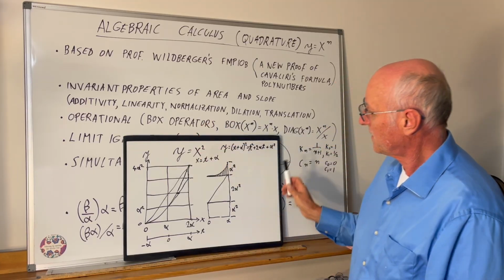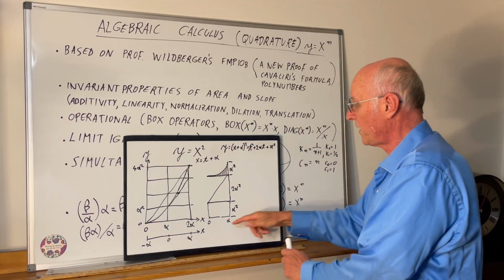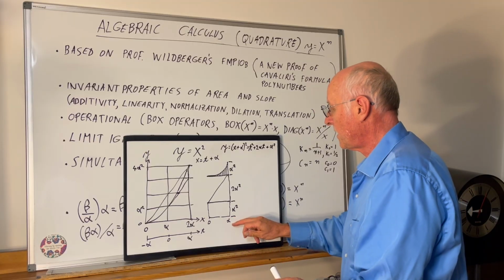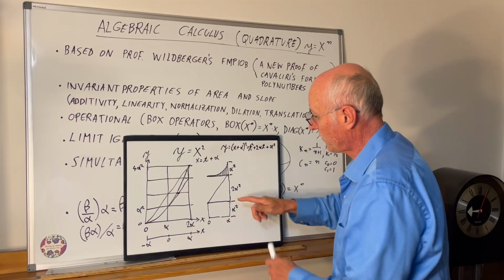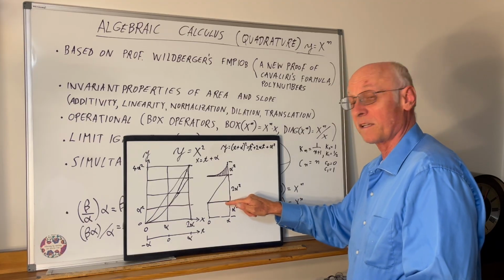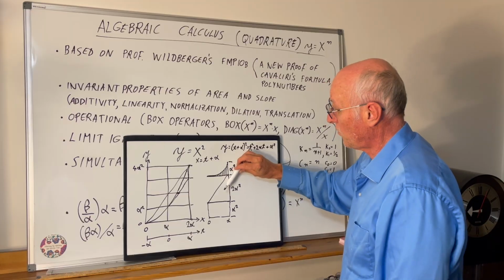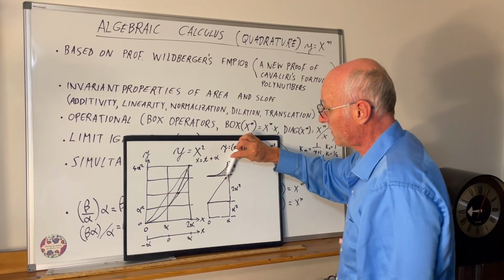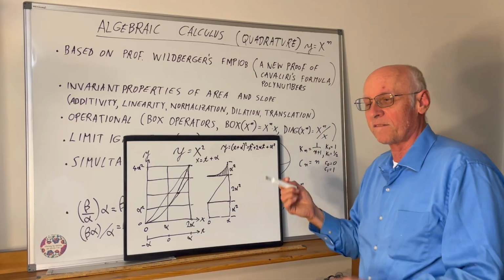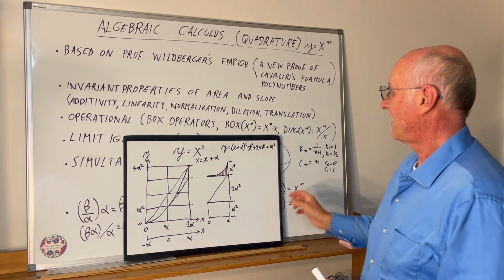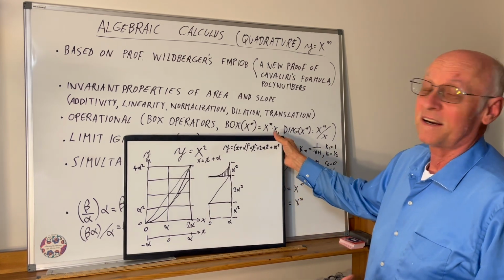Well, that's the same as the slope at t equals alpha, and you can see that the constant gives you 0. The linear gives you some slope, and the quadratic gives you another slope. So again, we're leveraging these things, and that's our approach.